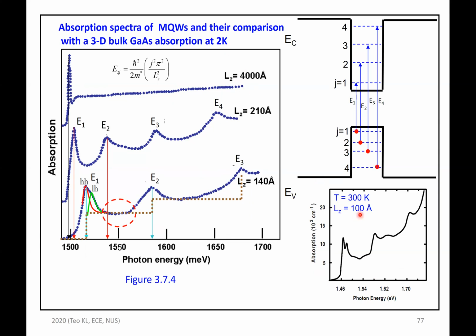And we can even grow a well width of 100 Angstrom, even smaller than 140 Angstrom. And you can see that the heavy hole and light hole can be well resolved compared to this one.